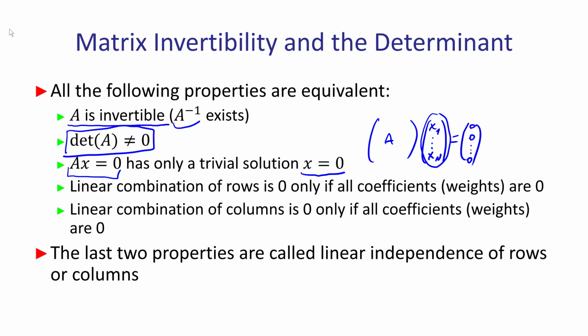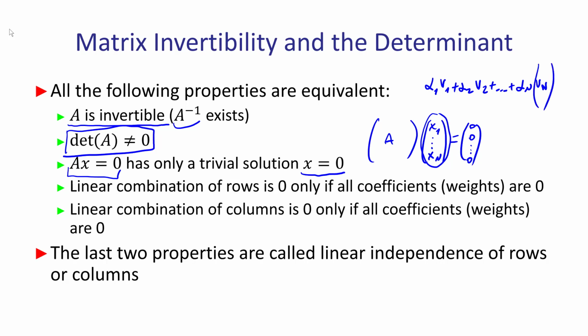It's also equivalent to: a linear combination of rows is 0 only if all coefficients or weights are 0. Just to remind you what a linear combination is, it's alpha 1 multiplied by vector 1 plus alpha 2 multiplied by vector 2 plus and so on, alpha n multiplied by vector n.